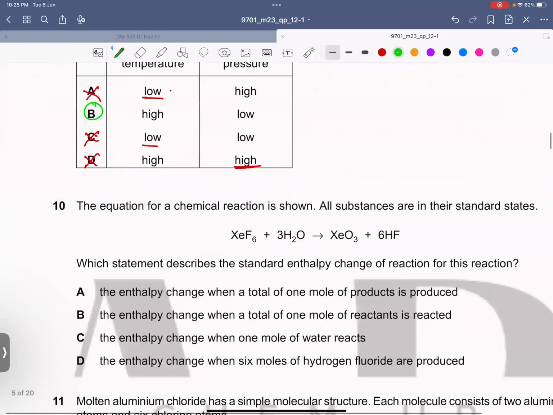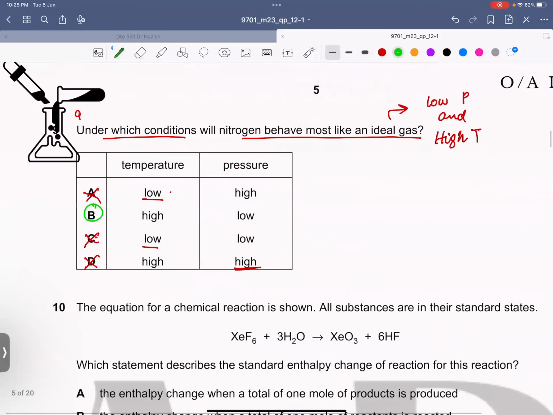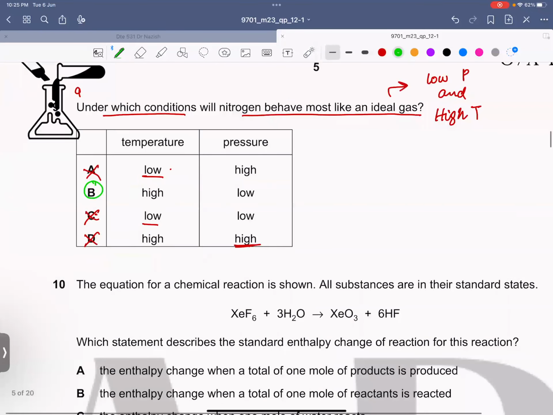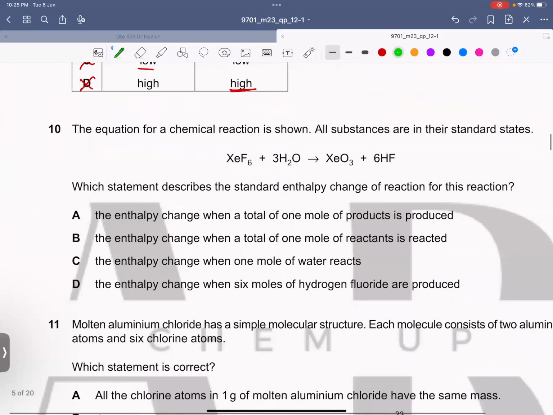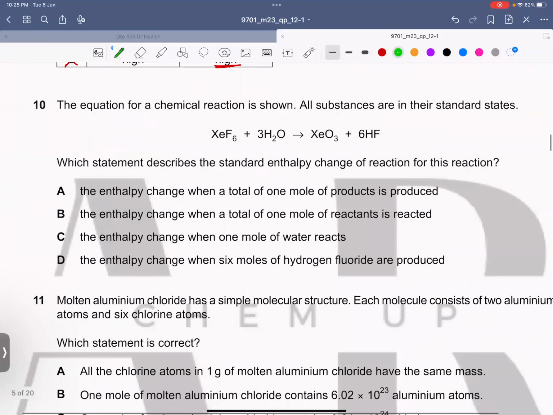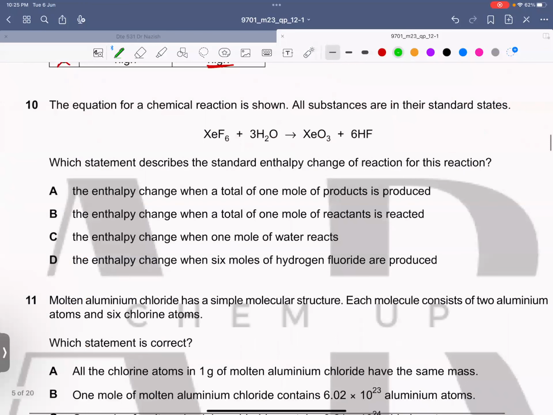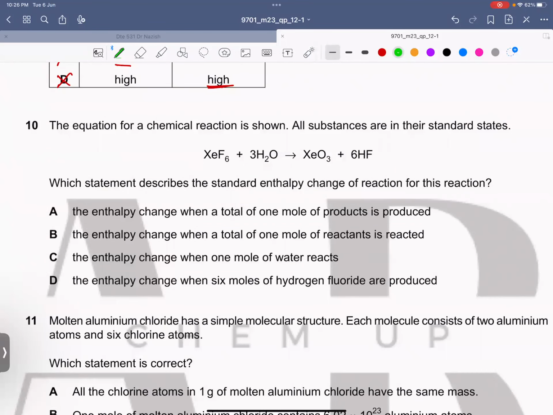Now, question number 10. A chemical reaction is shown. All substances are in their standard states. Which statement describes the standard enthalpy change of reaction for this reaction?